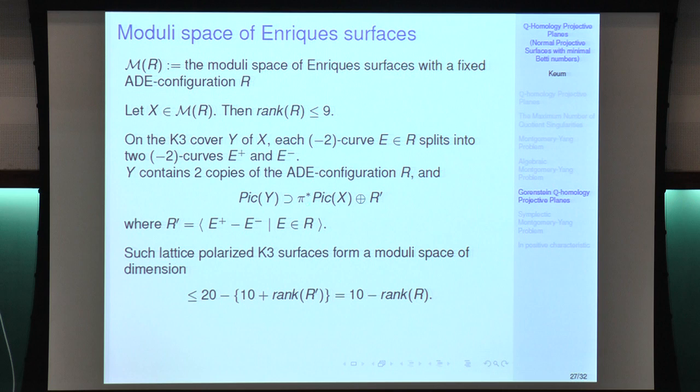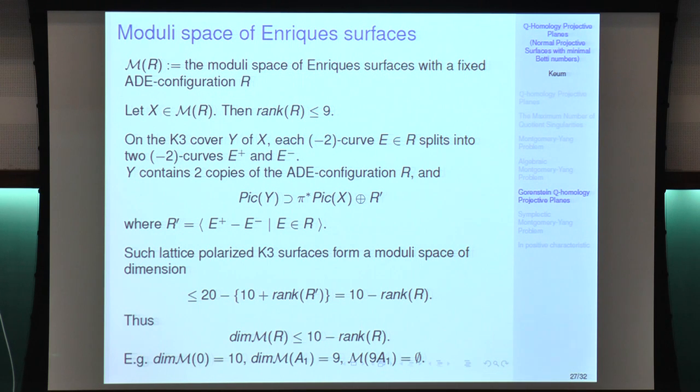So subtract the rank of this, which is 10 minus rank R. So such a K3 surface has a moduli space of dimension at most 10 minus rank R, so that the dimension of the corresponding moduli space of NK surfaces has the same bound.